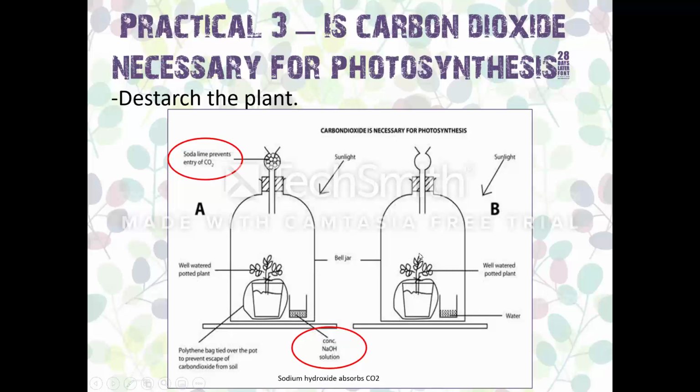I'm going to take a leaf from this plant. I'm going to do the starch test. When I do the starch test, the leaf from this plant will stay reddish-brown. The leaf from this plant will turn blue-black. So it will prove that photosynthesis happened in this plant and photosynthesis did not happen in this plant. And therefore, I can conclude that carbon dioxide is necessary for photosynthesis.